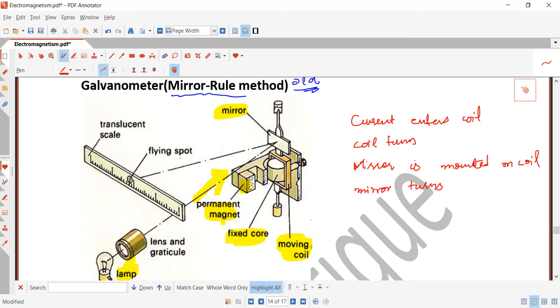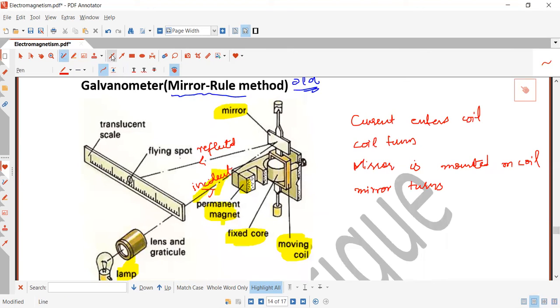Let's say this is the incident light wave on the mirror, and this is the reflected light wave on the mirror. Right, students?